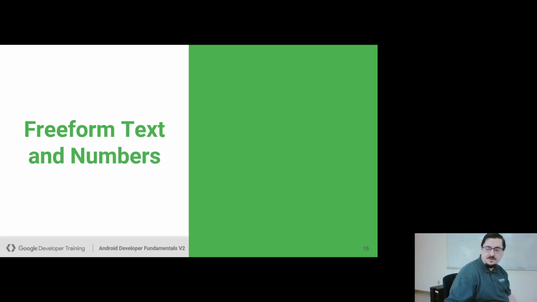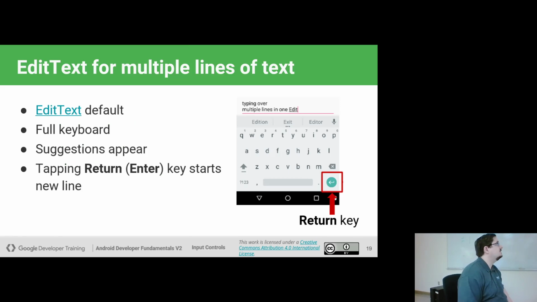So, talk about entering text, entering numbers. The default way that EditText works, assuming you don't set an input type, is that it's going to allow you to have more than one line of text. And when you're allowed to have more than one line of text, what you get here is the return key. You notice the symbol, kind of the down and left, right?